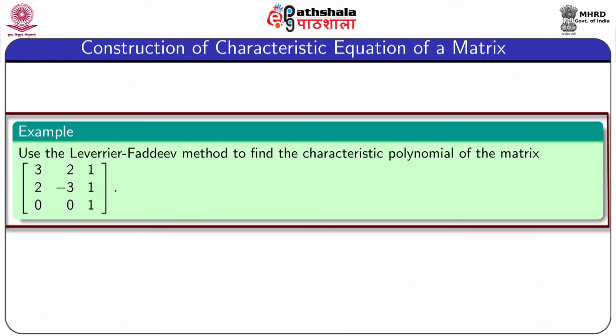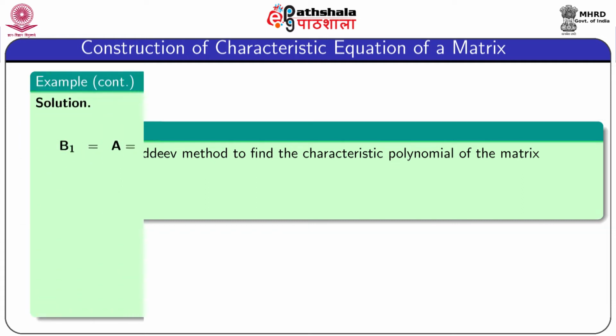Now we consider an example to illustrate the Leverrier-Faddeev method to find the characteristic polynomial of the following matrix. This is a 3 by 3 order matrix.